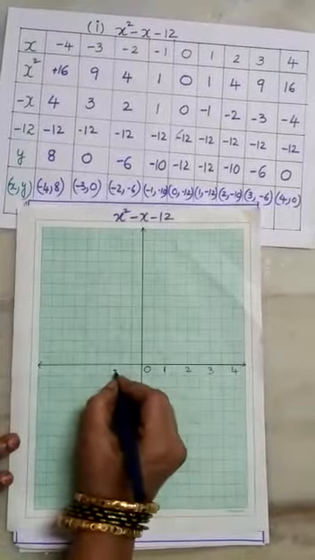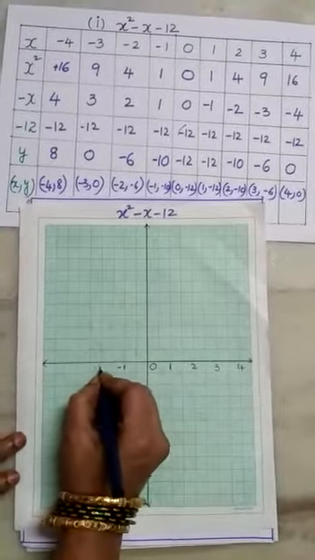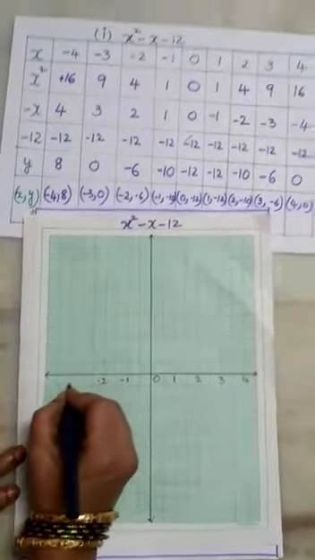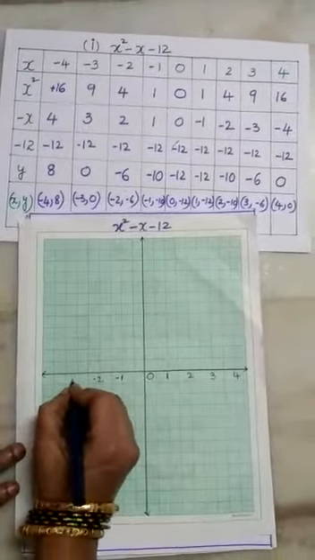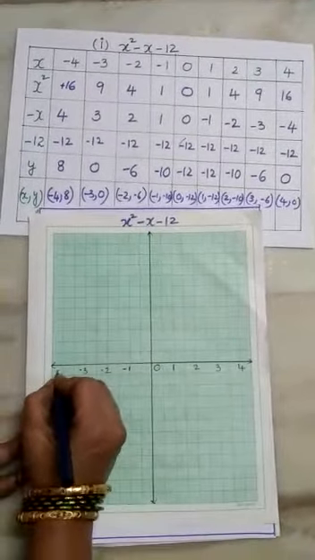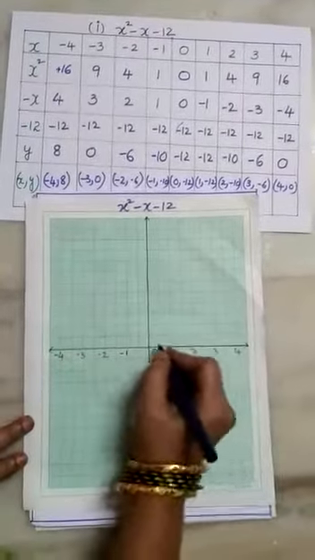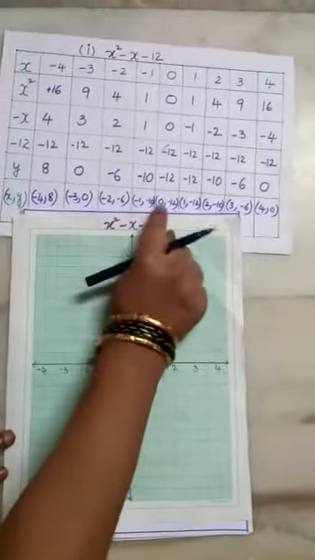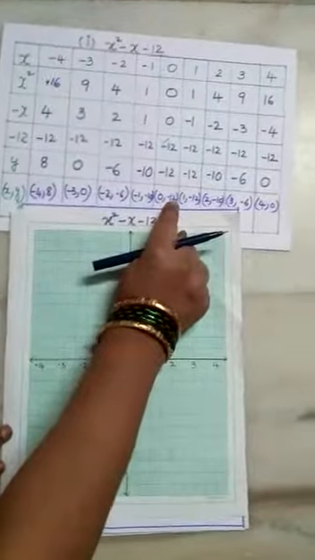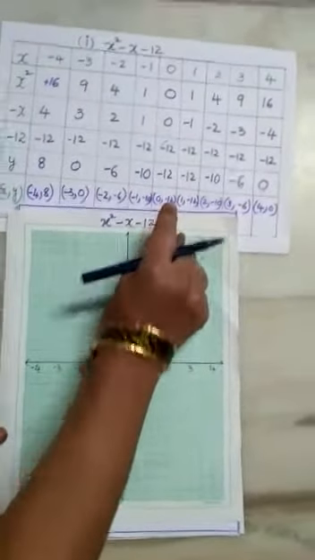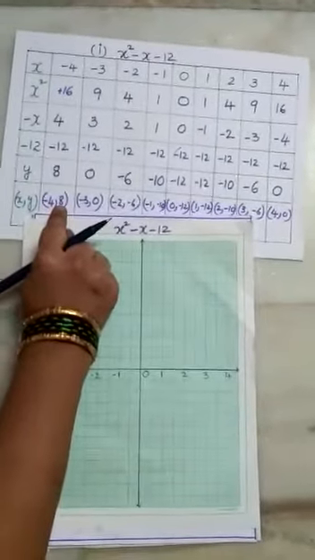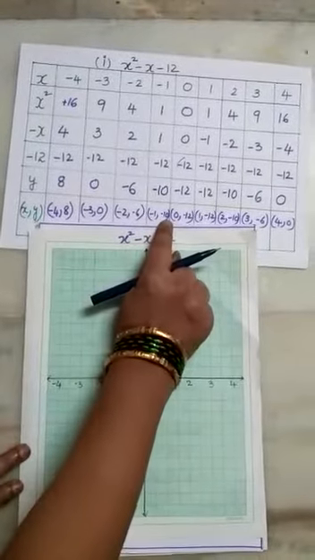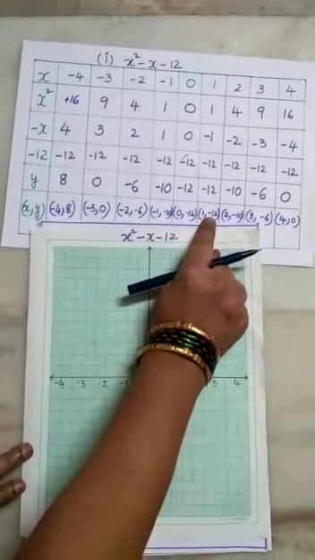Similarly, in the negative direction also minus 1, minus 2, then leave one block and write minus 3, leave one block and write minus 4. Now, how to write y? The maximum number for y is minus 12. In the positive direction 8 is the maximum number, and in the negative direction the maximum number is minus 12.